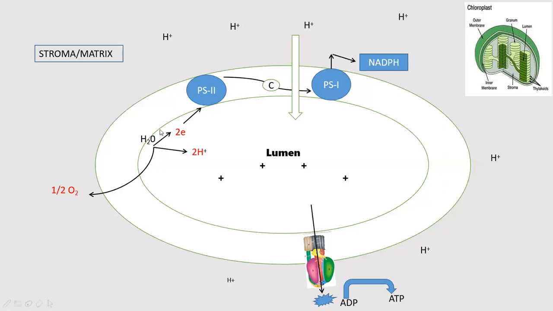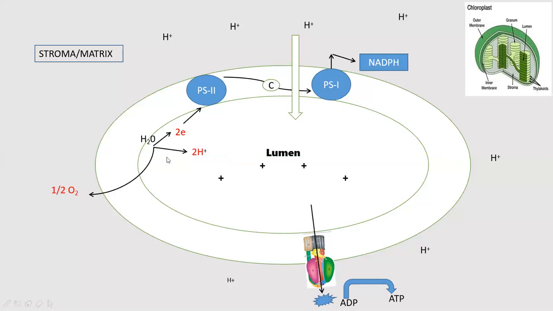When a water molecule splits into these in the presence of sunlight, we call it photolysis. What is photolysis? Splitting of a water molecule in the presence of sunlight into electrons, protons, and half an oxygen molecule is called the photolysis process.